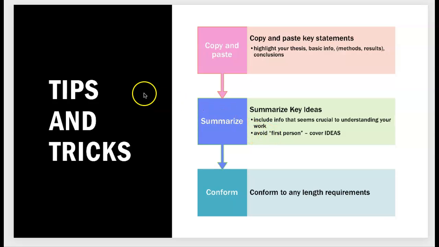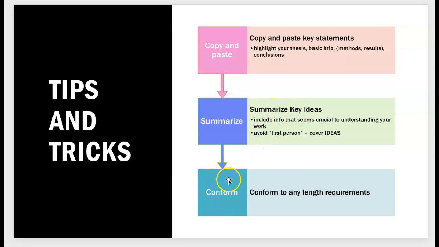Instead, if you notice in the other two examples, nowhere in there does it say I, etc. It just talks about the ideas covered in the paper. So keep an eye on that, but summarize key ideas.